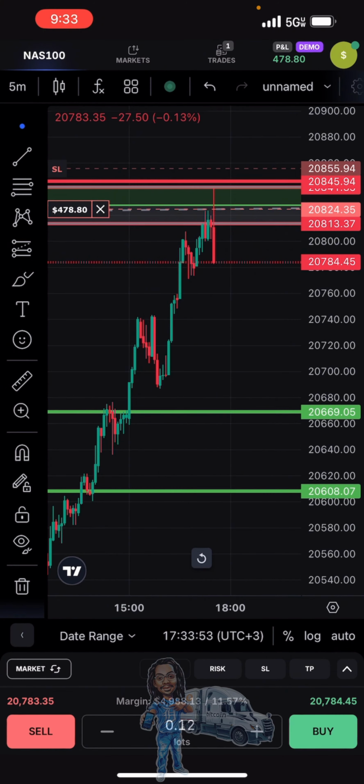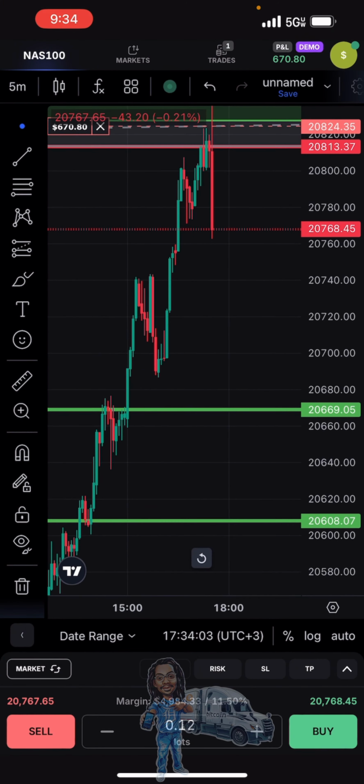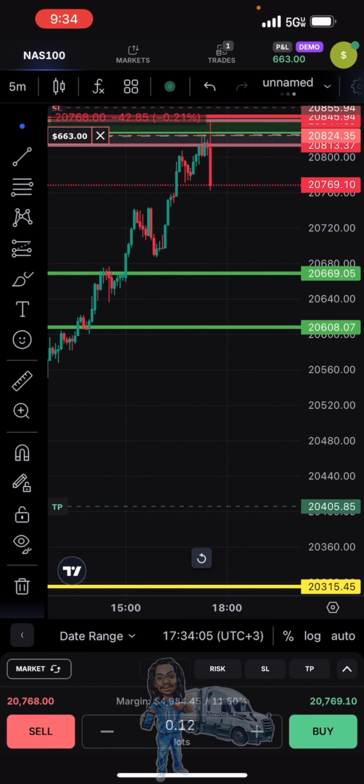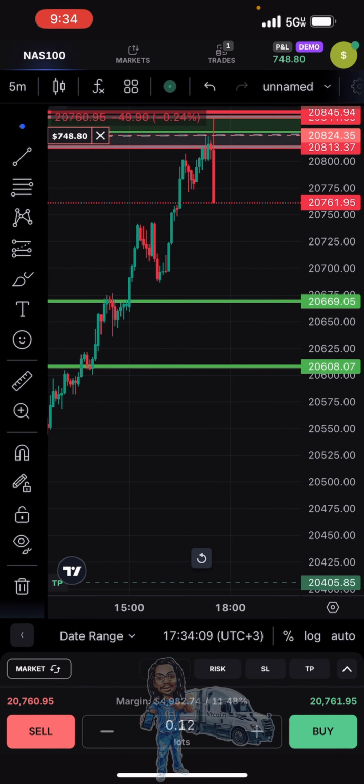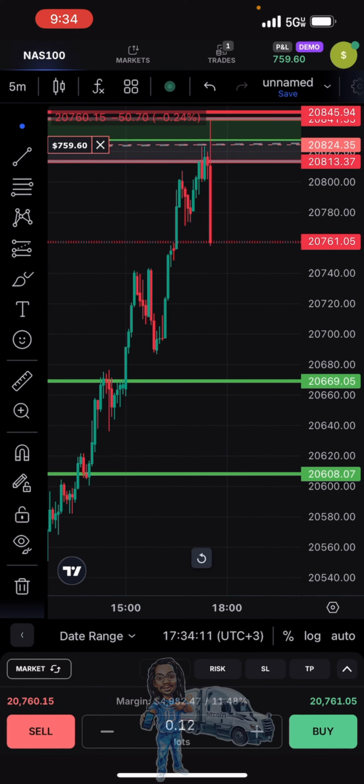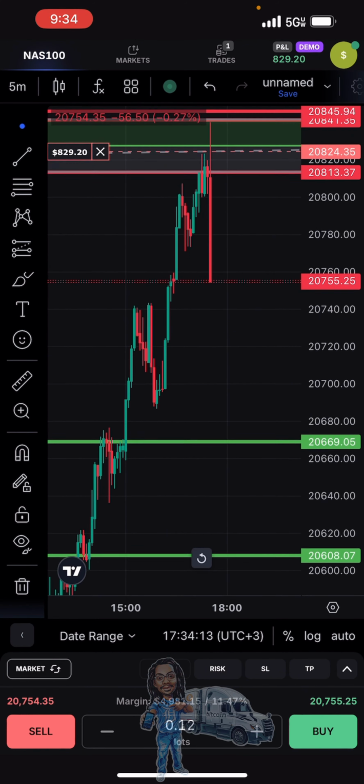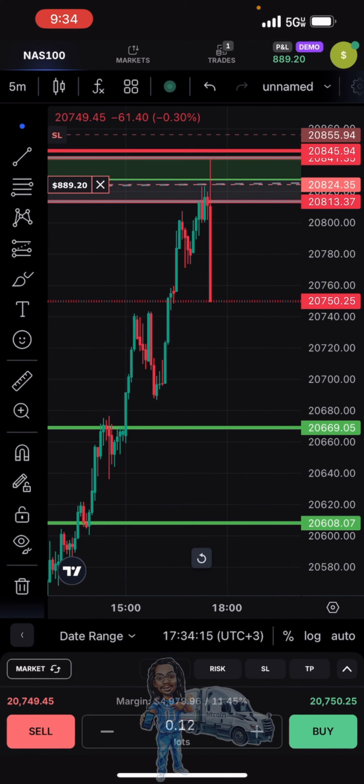It would be so nice if this thing could just start making some really aggressive moves to the downside. That would give me the confidence to really hold on to this trade for TP. I have a really big TP in there right now, about 430 points. So I don't know if I'm going to hold for that entire TP. It's just all about how the market is moving.